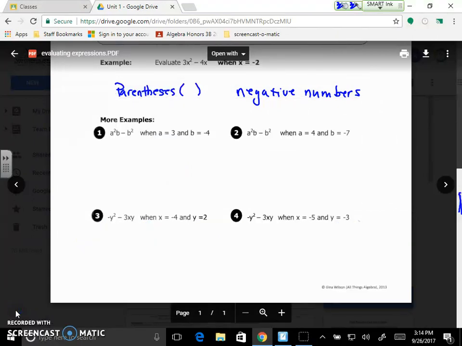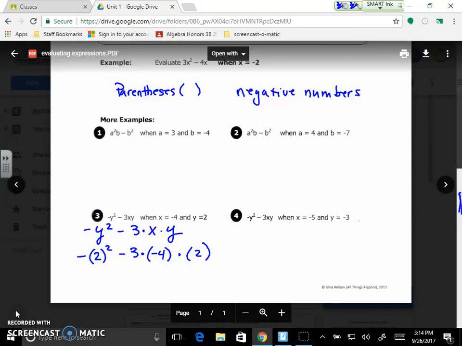This one says negative y squared minus 3 times x times y. Be very careful when we substitute this in. We have negative, because that's there. Y in this case is 2, squared, minus 3 times negative 4 times 2.